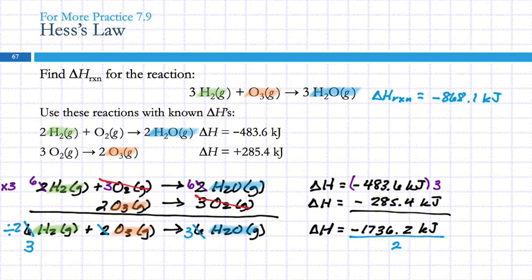I think it's best here to add up the delta H's and then mess with coefficients, because you've got all of this figured out, and then you can just apply the same thing that you did over there. But there are other ways to get to this correct answer, and I've gone through a couple different ones over the course of teaching this several times, and this is the one that seems to make the most sense for most students.